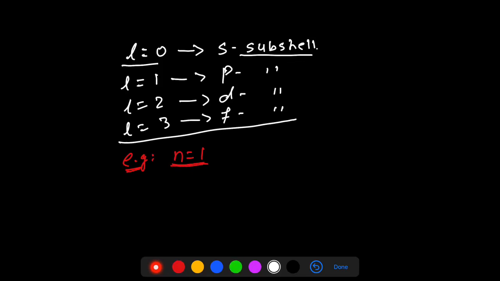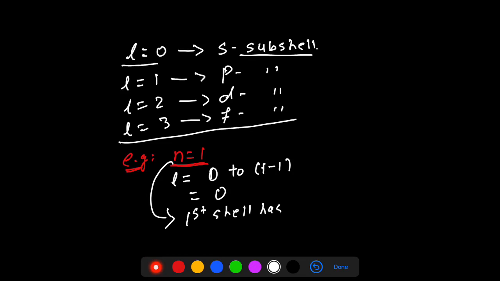Right? So, for example, if somebody asks what are the subshells in the first shell? If you want to find the subshells, you will always find the values of L, because L only deals with the subshells. So L will be 0 to n minus 1, the value of n is 1, so simply 0.